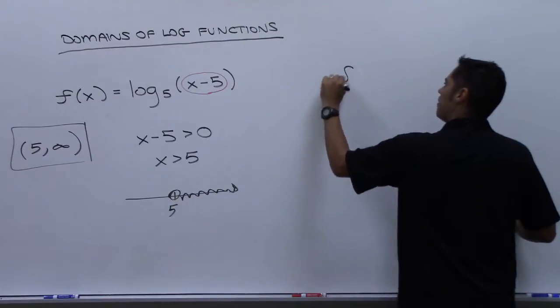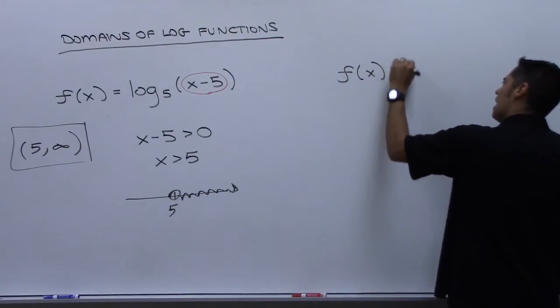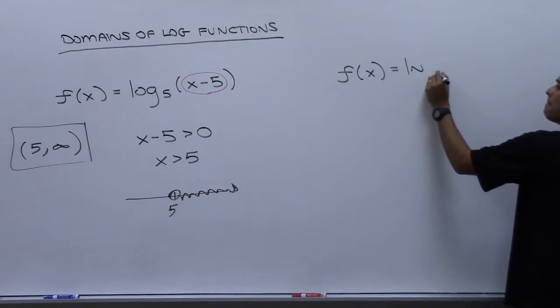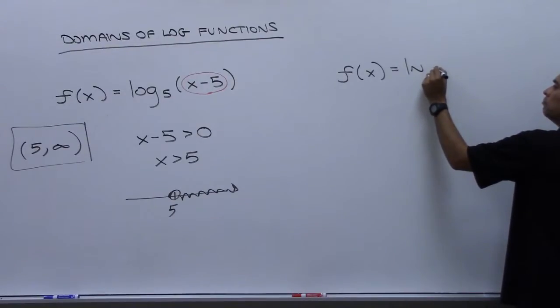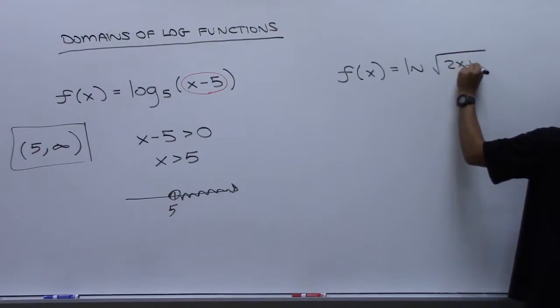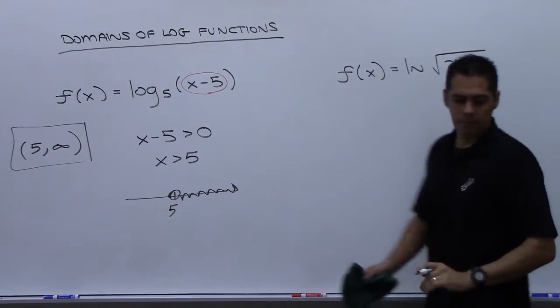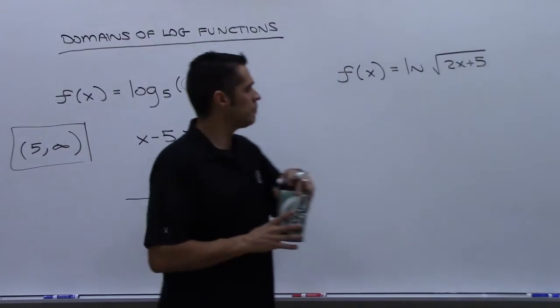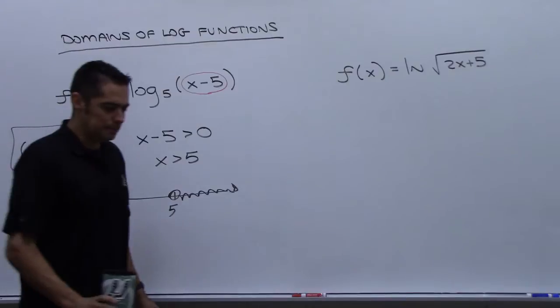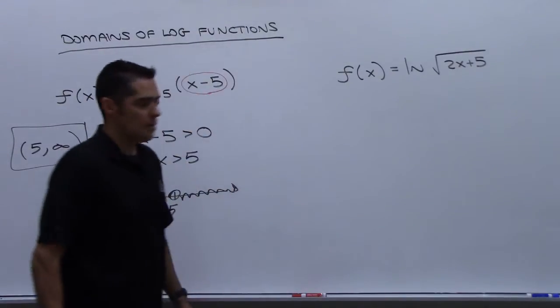What about f of x is natural log of the square root of 2x plus 5? Okay.